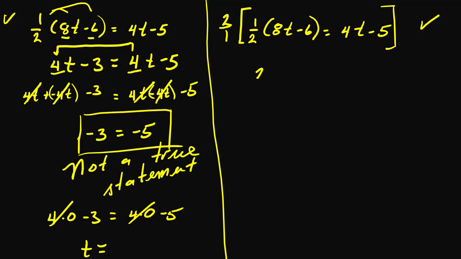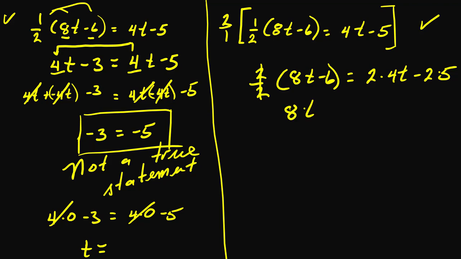And this becomes 2 over 2 times 8t subtract 6 equals 2 times 4t minus 2 times 5. That cancels out. Now we have 8t subtract 6 equals 8t subtract 10.